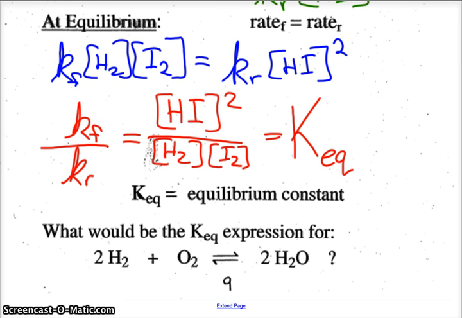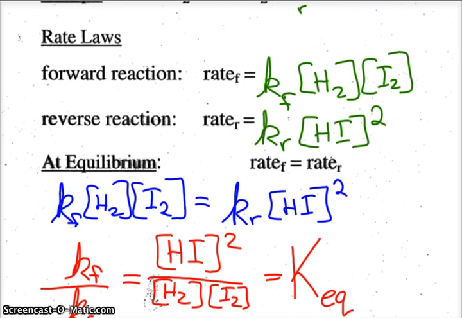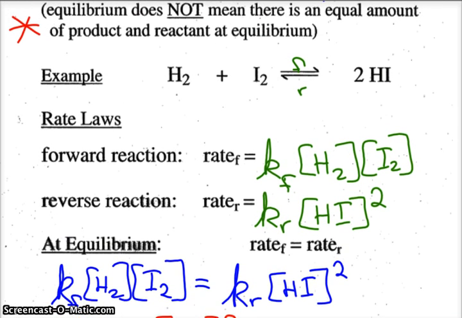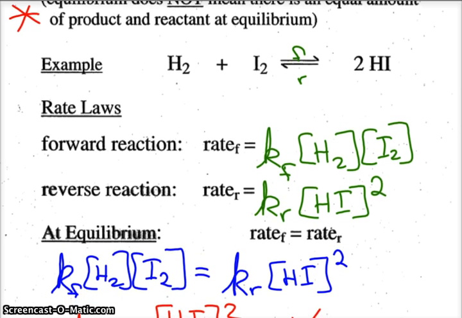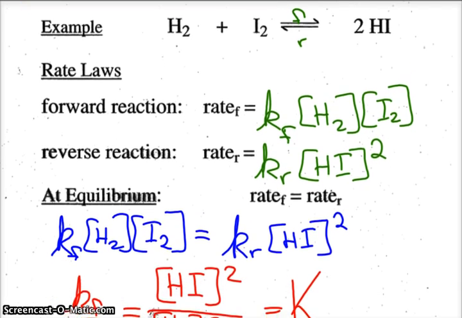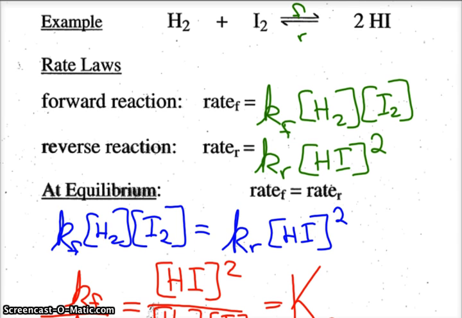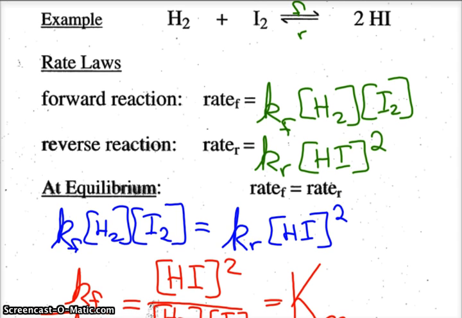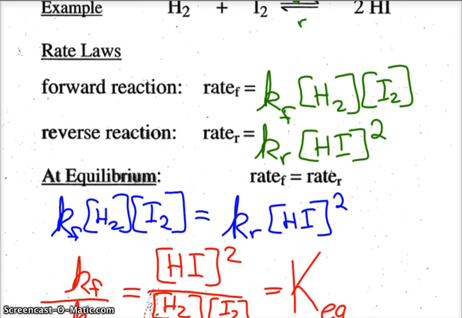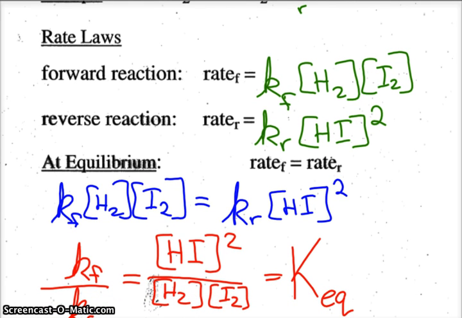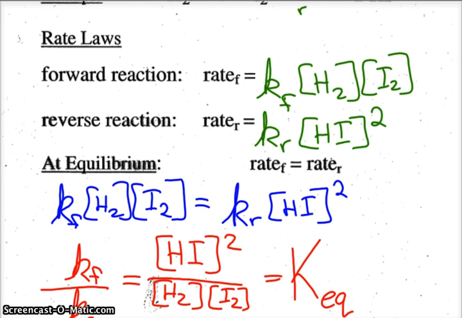So here's another example on the bottom. What would be the Keq for 2H2 plus O2 goes to 2H2O? Well, I really don't want to have to do this entire derivation every single time we try to find a rate or an equilibrium. However, you may notice that the expression we just wrote for our Keq is directly related to our expression above.